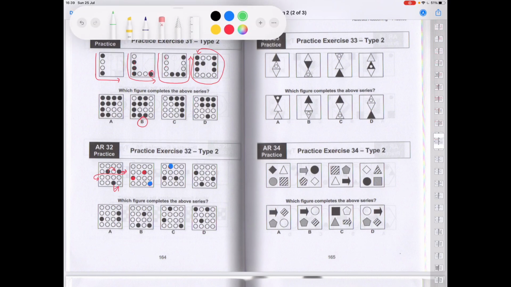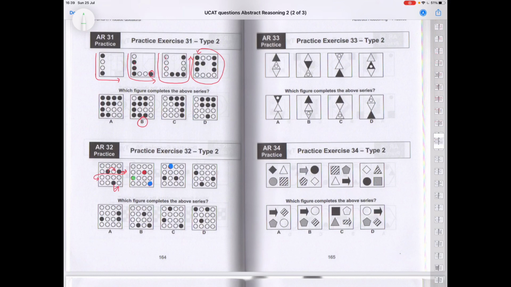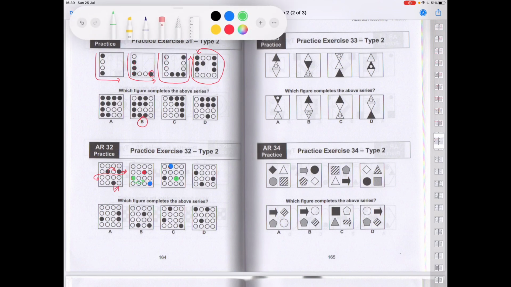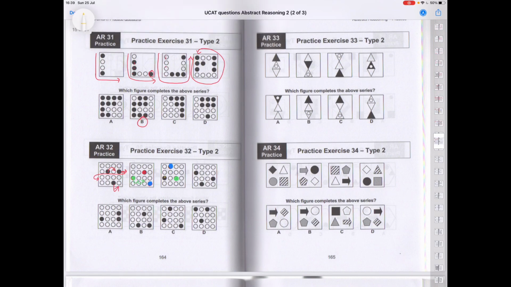This green one has become this green one here. So it's moved 1, 2 along. And this yellow one has moved 1, 2 to end up in this position here.